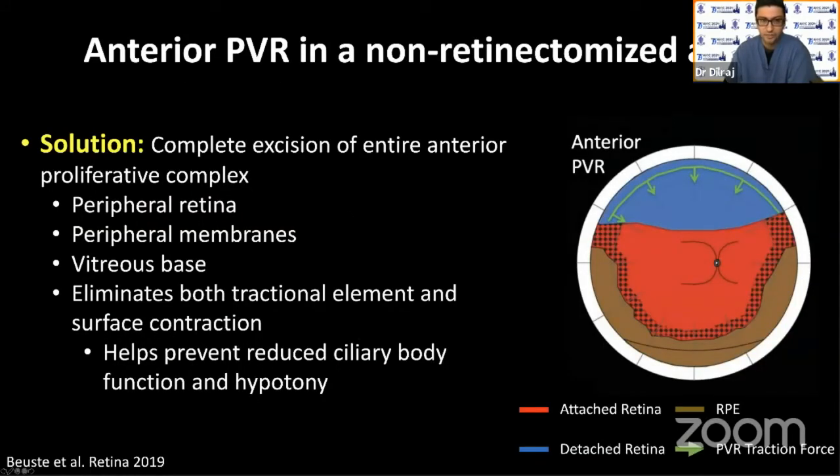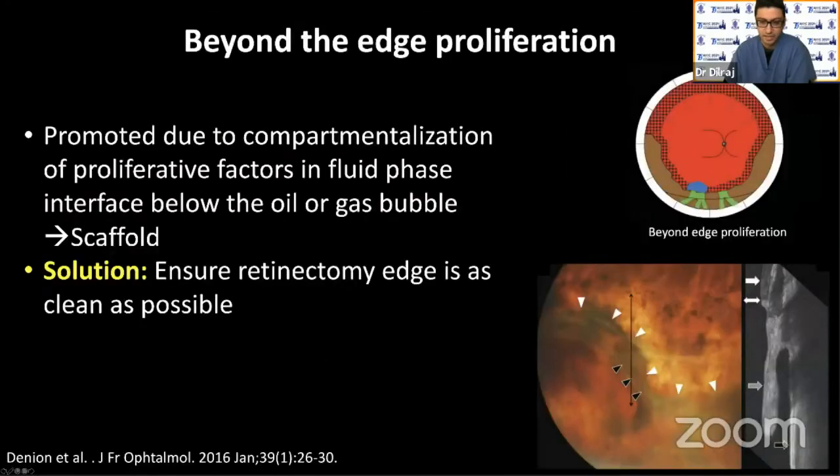For anterior PVR, you need to excise completely the anterior proliferative complex. I prefer excision over applying laser to that residual area. It does remove the tractional element and remove surface contraction. In cases where there are IOLs or there is a residual capsule, you may want to remove that as well. For beyond the edge proliferation, again, it's important to ensure that the retinectomy edge is as clean as possible.